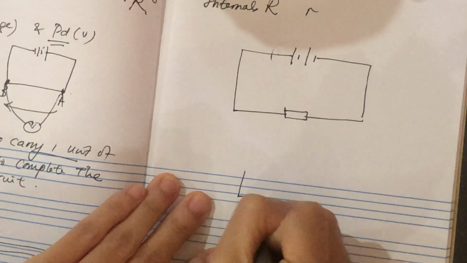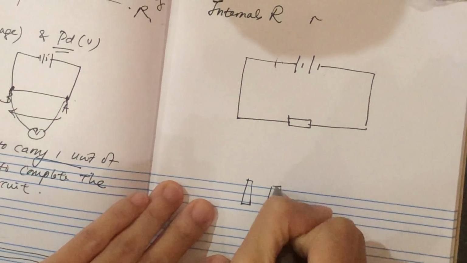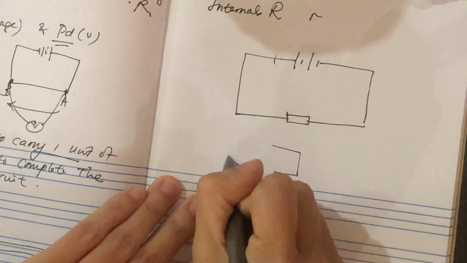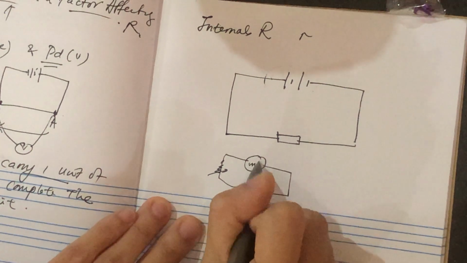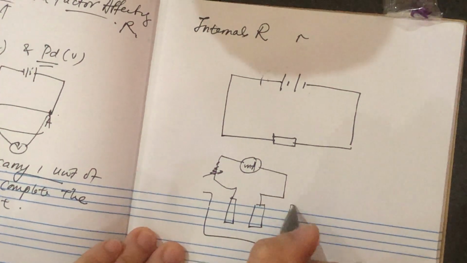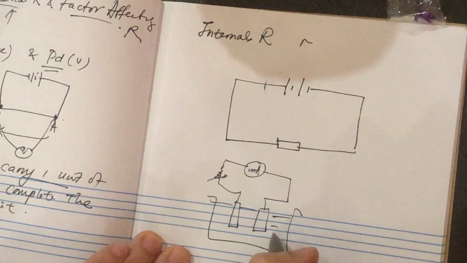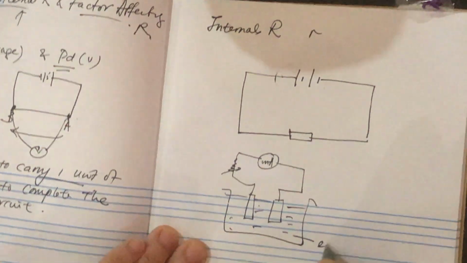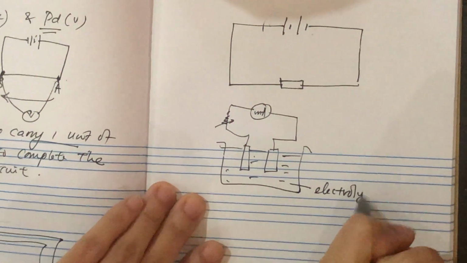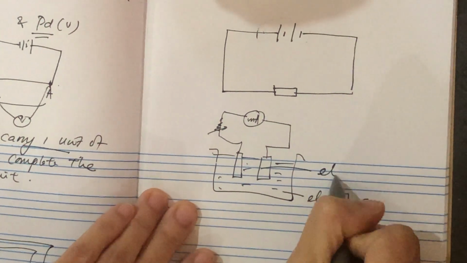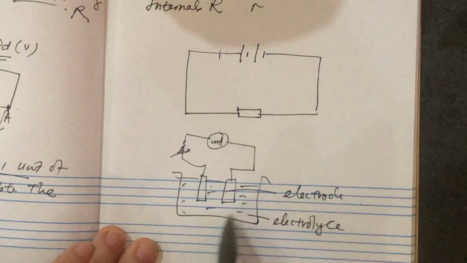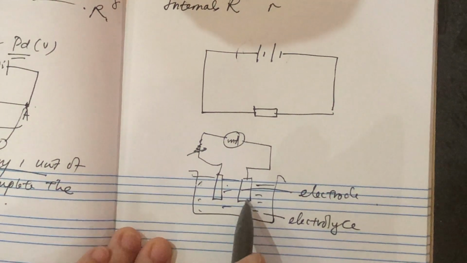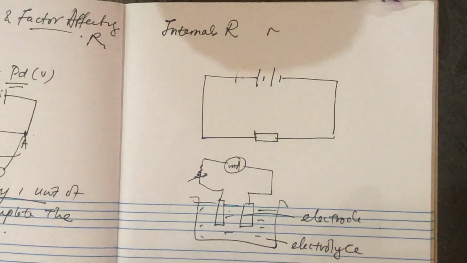If you still remember in your chemistry, you learned the simple cell, right? You have a milliammeter here, and this is the electrolyte. The liquid inside, we call it electrolyte. And this is what you call electrode. So the resistance in the electrolyte between the electrodes is what we call internal resistance.